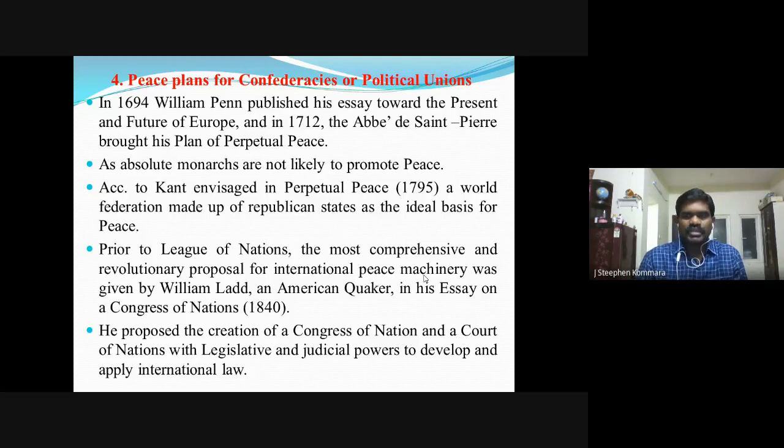That is why he mentioned it in his essay on a Congress of Nations in 1840. William Ladd proposed the creation of a Congress of Nations and a Court of Nations with legislative and judicial powers to develop and apply international law.